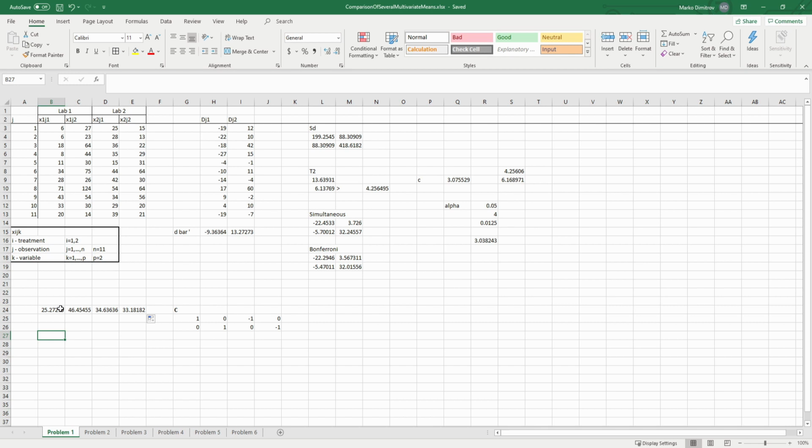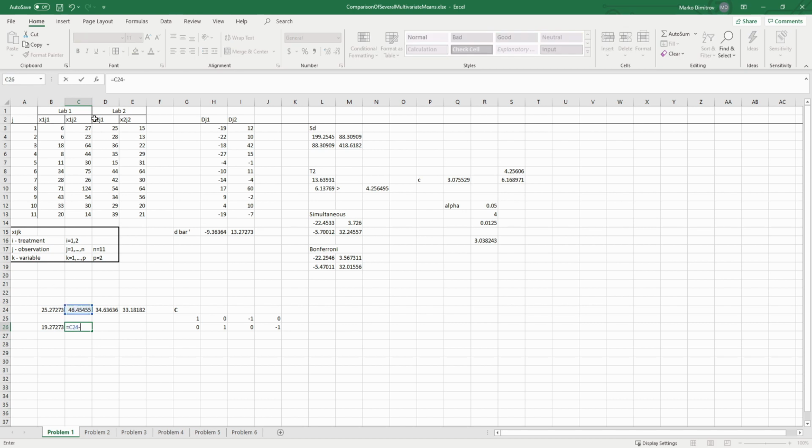To compute it, we need the covariance matrices of each, so we need S11, S12, S21, and S22. To compute them at once, not one by one, we need the differences. So we need this one minus this one.